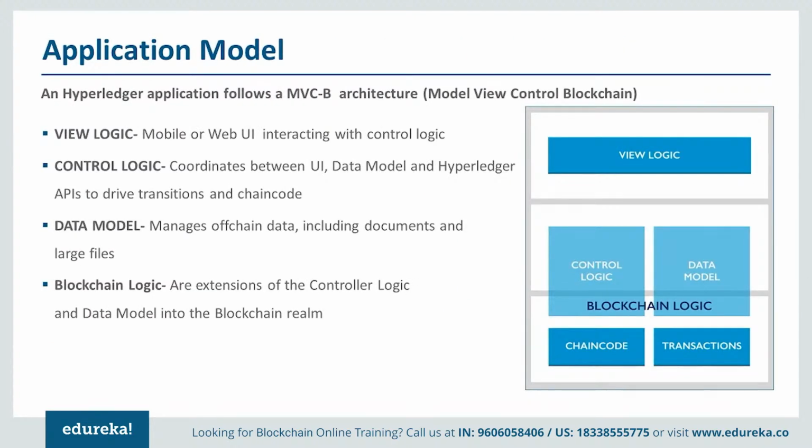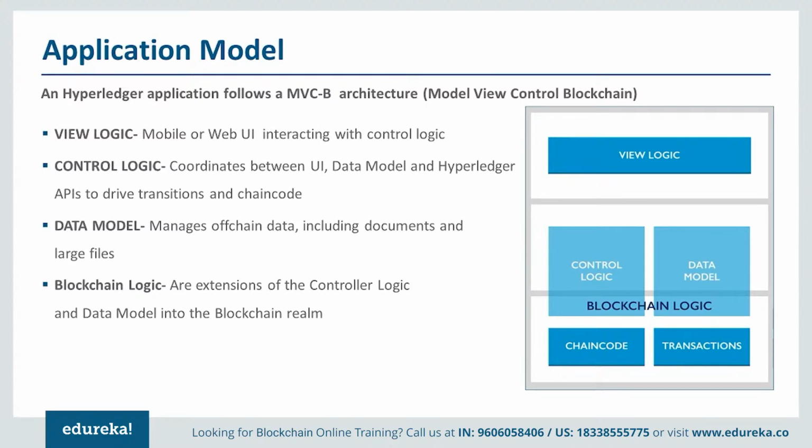If you want to break down an application into different logic, you can see that you have four logical models available. One is your view logic, where you connect your backend with your front end, and that is done with the help of REST APIs in Hyperledger Fabric. And then there is a control logic which coordinates between the UI, the data modeler, and the Hyperledger APIs.